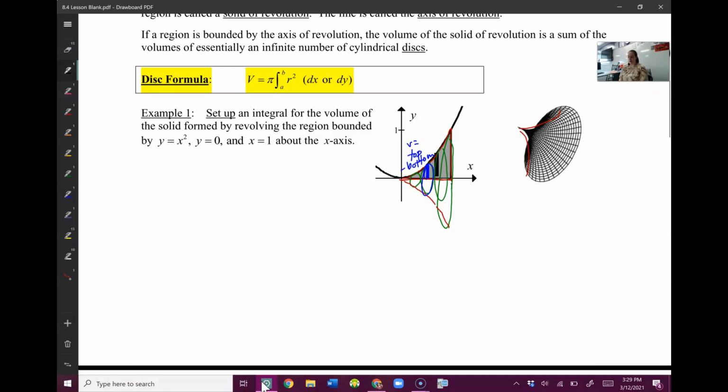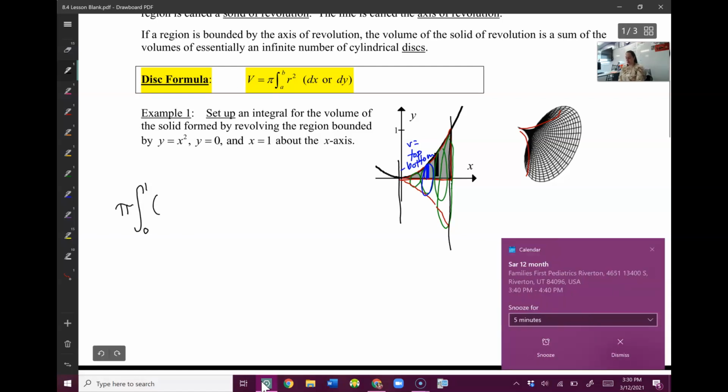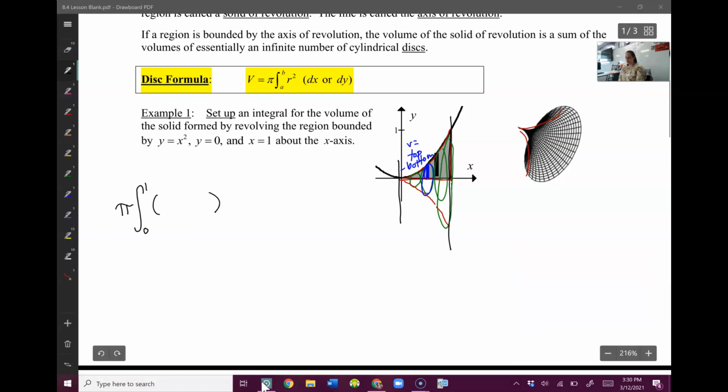So let's set up an integral for this first one. We have this volume. Looks like our limits are from 0 to 1. And we want to do pi r squared. Pi r squared, because that's how we're getting these circles.